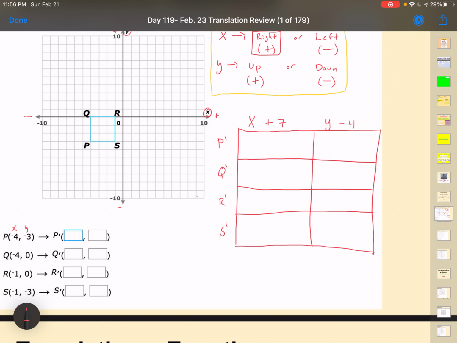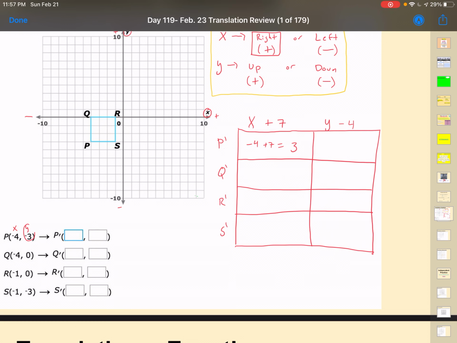So let's go through, and for P first, let's pull out our x and our y. Our x for P is negative 4. So negative 4 plus 7 gives me a coordinate of positive 3. Now I'm going to take the y coordinate.